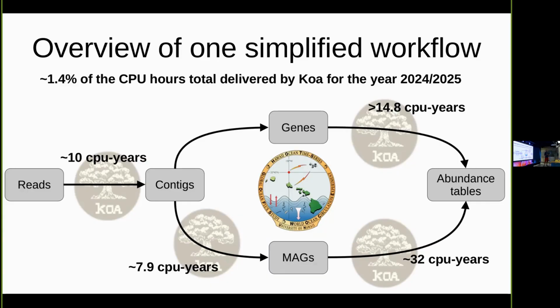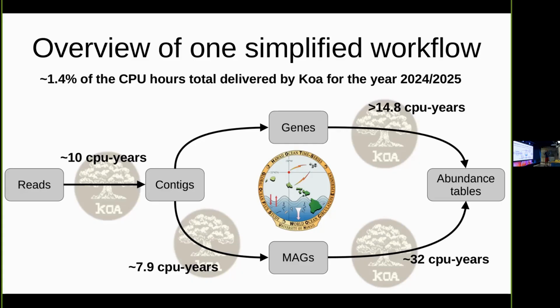The entire process takes more than 60 CPU years, as I transformed the hours into years, because at some point there's no point in talking about hours. It's so big, it doesn't mean anything. If you had a personal computer, it would take you like a year to process the entire time series. So we highly rely on infrastructure such as COA to do our work.